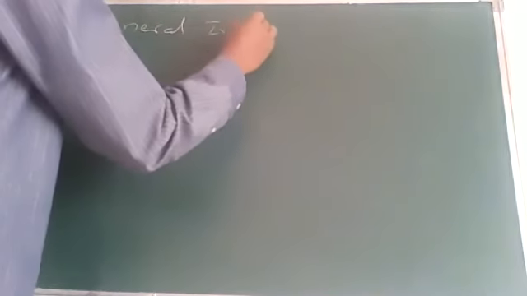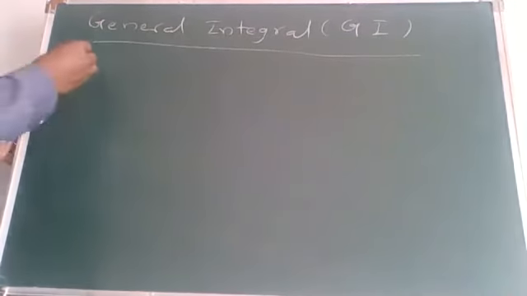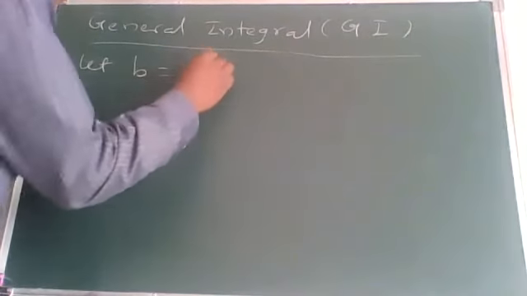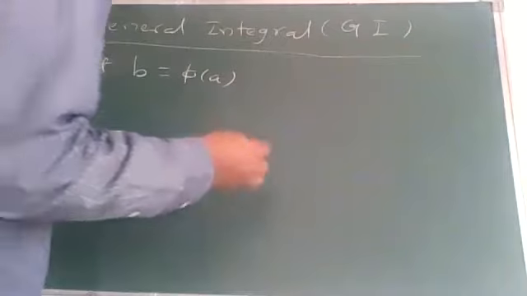Now we move towards the general integral. In short, we denote it by GI, general integral of standard form second. Let b equal to phi of a in equation 2.